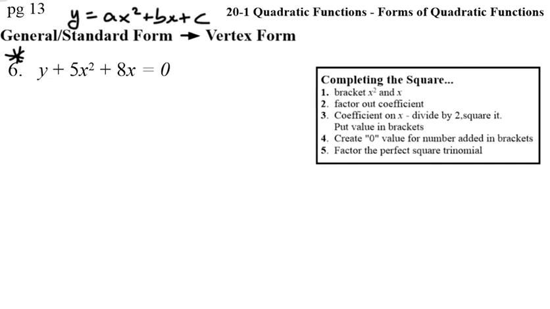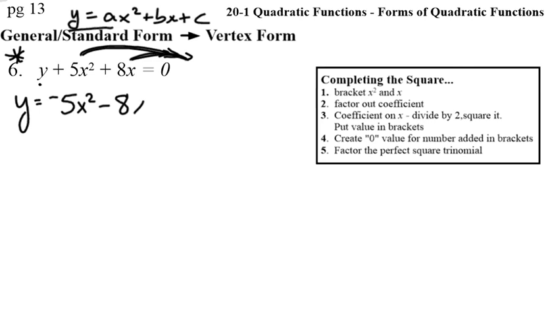So in this case, I need the y to be by itself. Y equals. So I need to move my 5x squared and my 8x to the other side, which gives me, if I move the 5x squared, it's a negative 5x squared. If I move my 8x, it's a negative 8x. So there's now my general standard form.